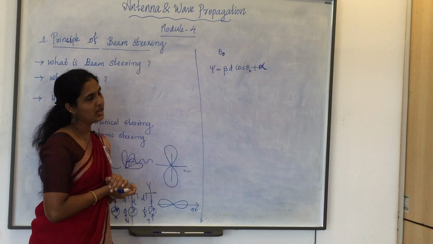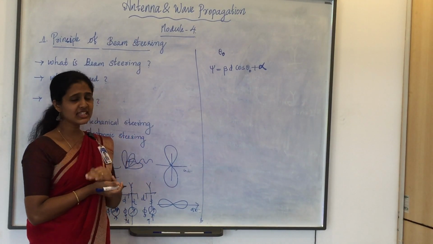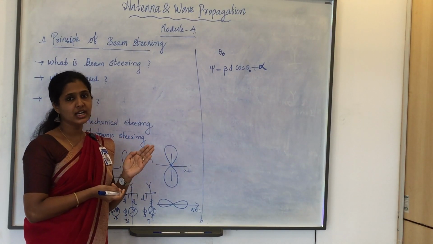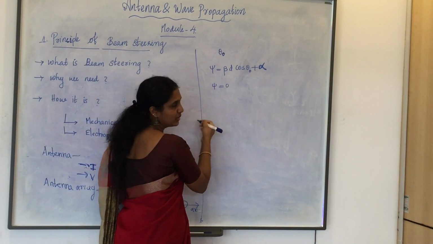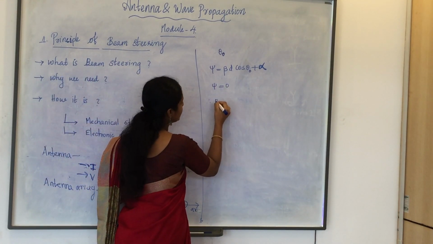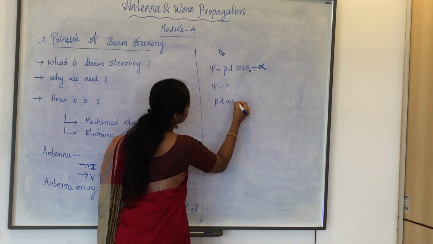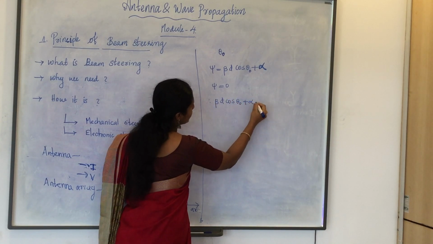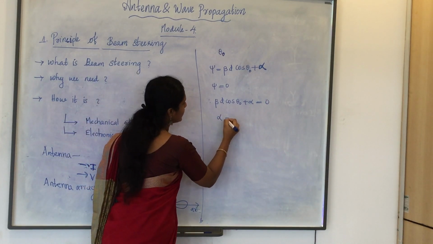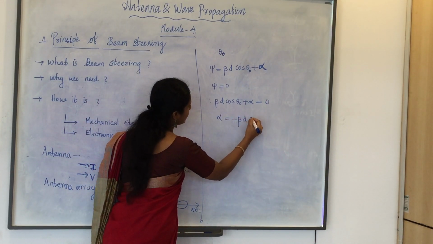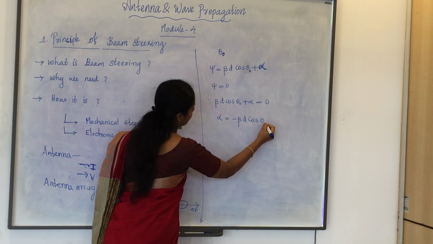Assume that we steer the antenna to the required direction, then psi is equal to 0. That means beta d cos theta 0 plus alpha is equal to 0. That means alpha is equal to minus beta d cos theta 0.